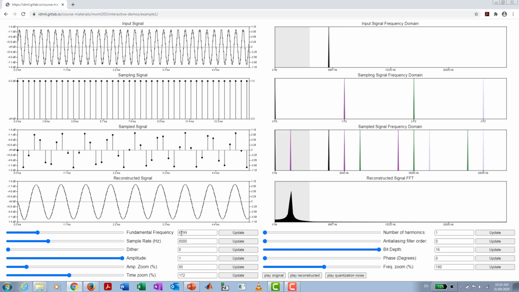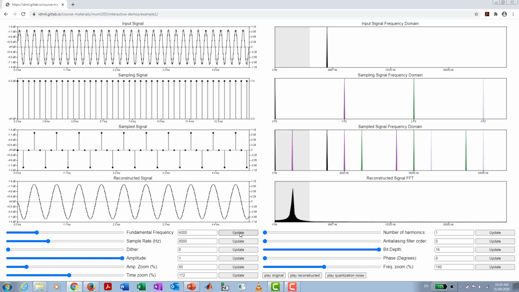And I'll stop here. Let's say 6,000. So when I sample a 6,000 Hertz signal with an 8,000 Hertz sampling frequency, what do I have at the output?